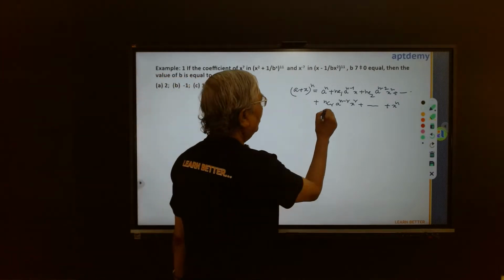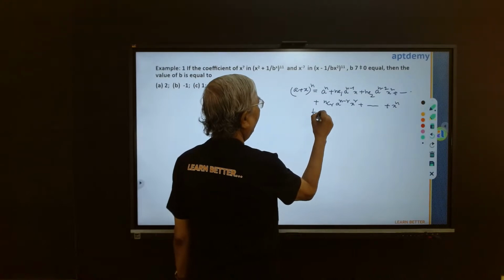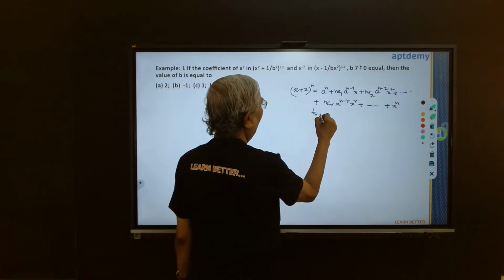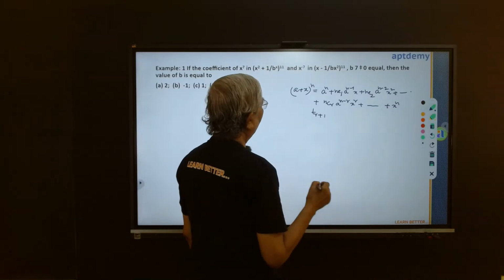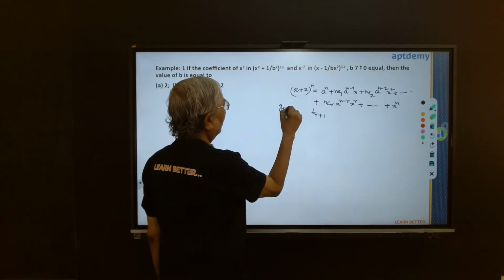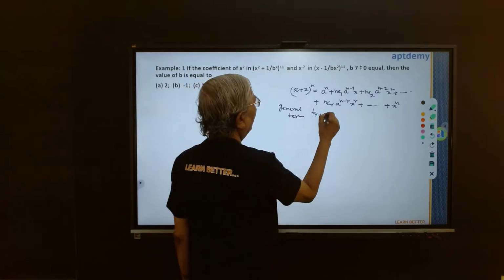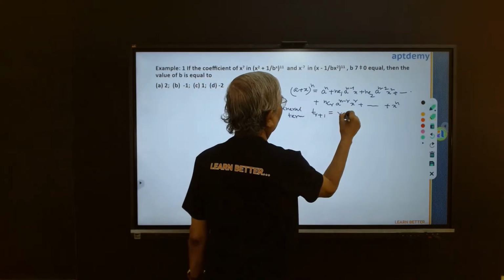Now, this term is known as the general term, which is denoted by T(r+1), or the (r+1)th term.